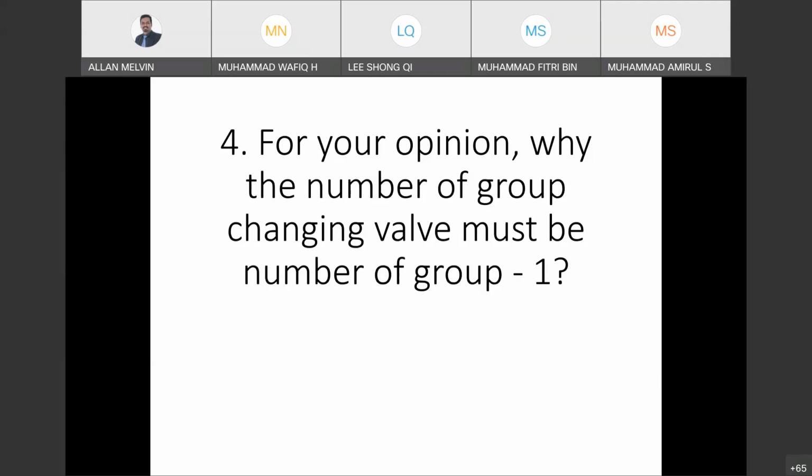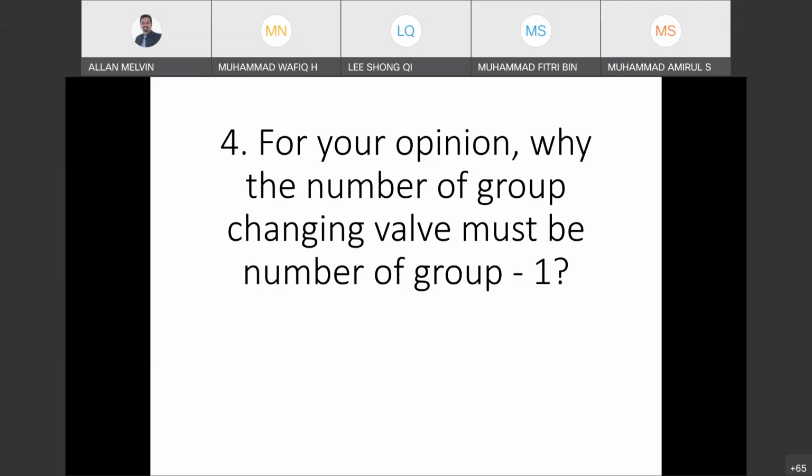Okay, so the question is asking for your opinion, why the number of group changing valve must be number of group -1. So kalau number of group yang you set dalam cascading is 2, so group 1 and group 2, so your group changing valve must be 2 - 1, so 1. So cuma ada satu group changing valve untuk dua group. Kenapa?